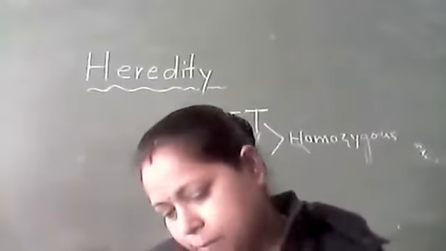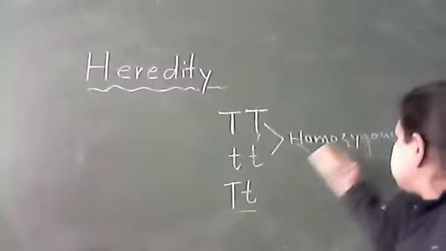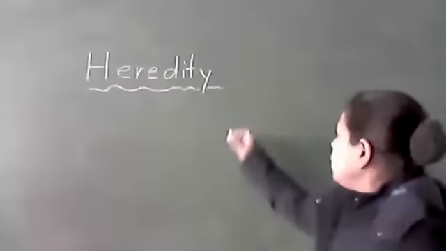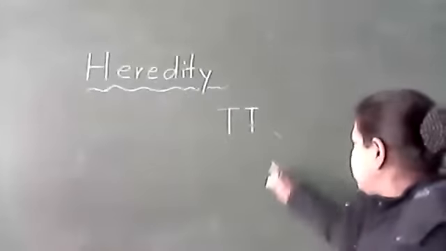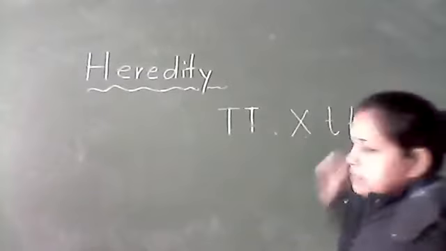Now when Mendel crossed the tall plant with the short plant, जब Mendel ने क्रॉस करवाया tall plant को short plant से, see how he did it. Okay, so first of all, by taking the tall plant that is pure line breed, he crossed it with a short plant that is this one.